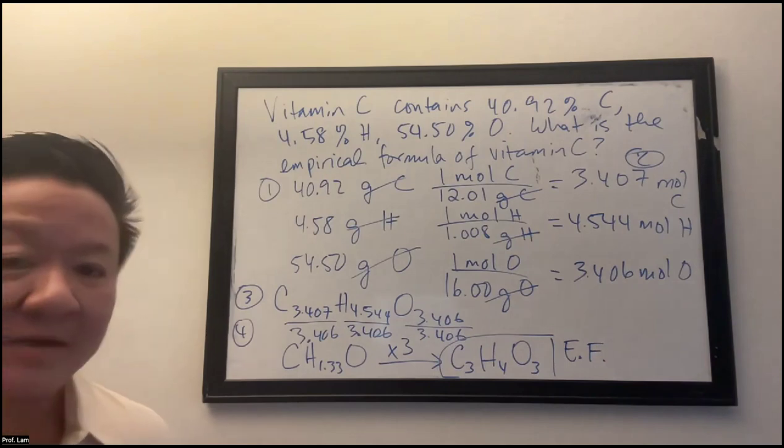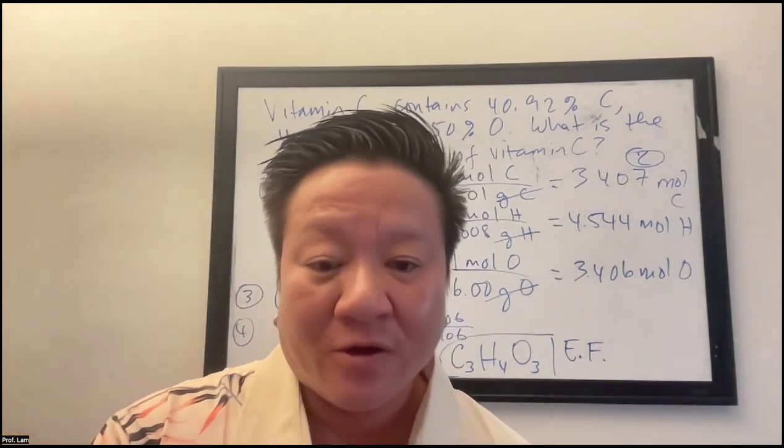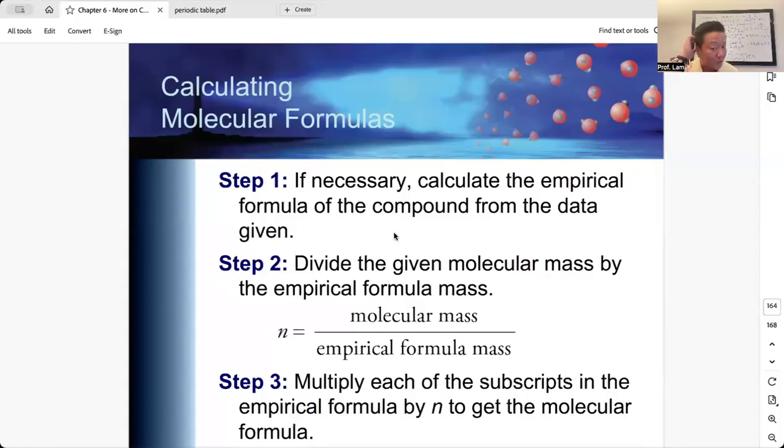All right. Let's move on. We're going to go to the next topic where we calculate molecular formulas. So going back to the slides and the exercise that I told you guys earlier, remember how a molecular formula and empirical formula differ by a factor, right? Because you're reducing it down to the lowest possible whole number.